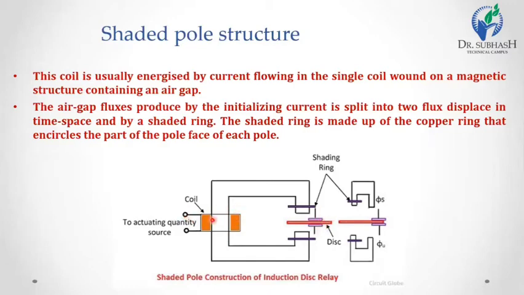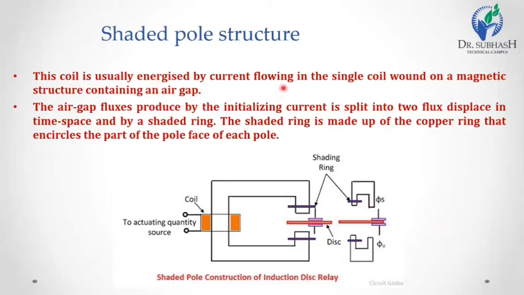So simply, this is a coil and this is a beam where the flux is created. After the flux is created, it flows through the shading rings. Phi S and phi U are the fluxes produced on the disc.